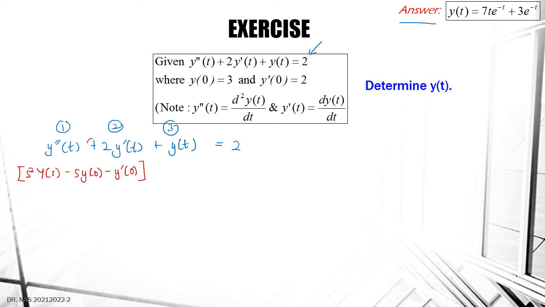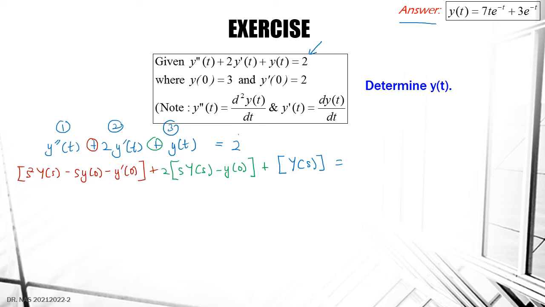Okay, plus the second component is 2 y prime, so single prime, so s to the power of 1, so Ys minus s to the power of 0 y naught. And then plus the third component. The third component has no prime, so there's no s, so it is only Ys equal to 2.